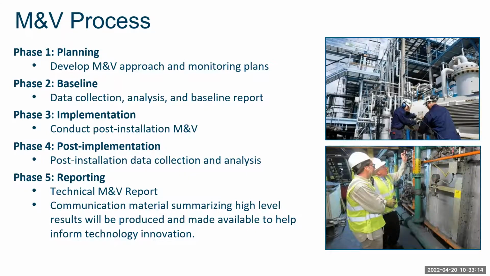Based on the M&V approach, we come up with an M&V plan, which is somewhat more refined. And then we decide what monitoring equipment the site and the technology currently have, and see if there are any additional sensors or loggers that need to be installed to determine the baseline and post-installation side of things.